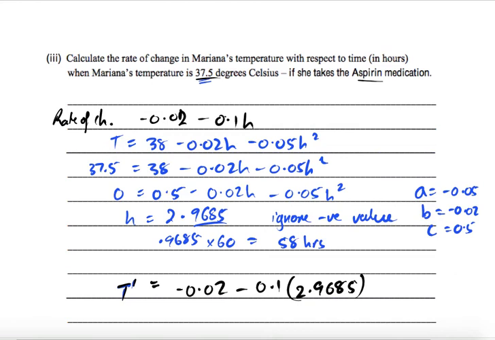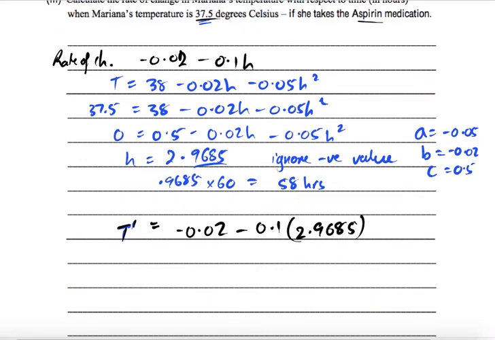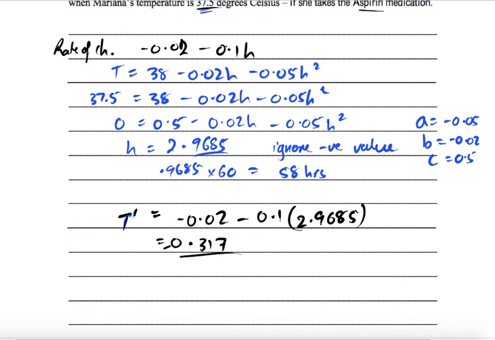Calculate that on your calculator, and hopefully you should get that it's dropping at a rate of 0.317 degrees per hour. That's the rate that it is dropping. Cool. For your merit. Hope that was all good.